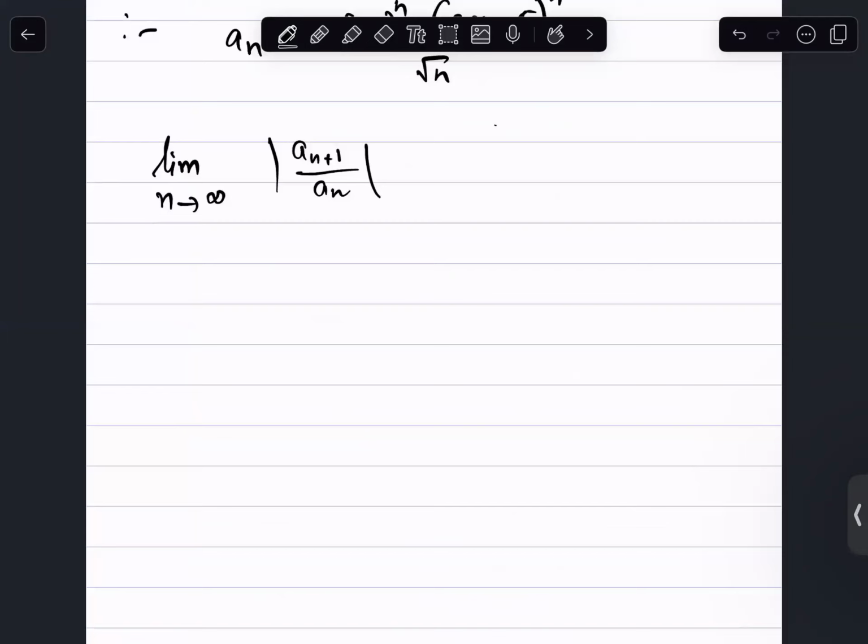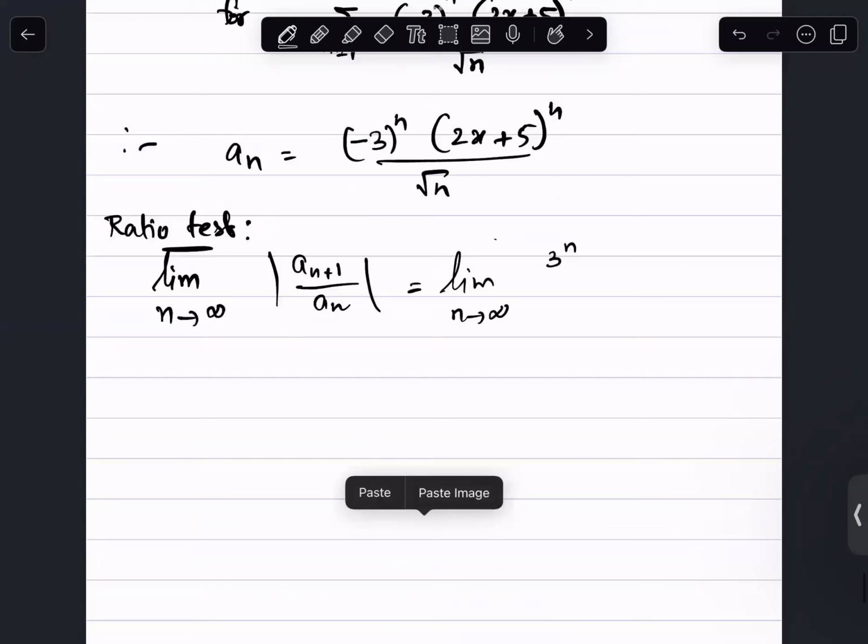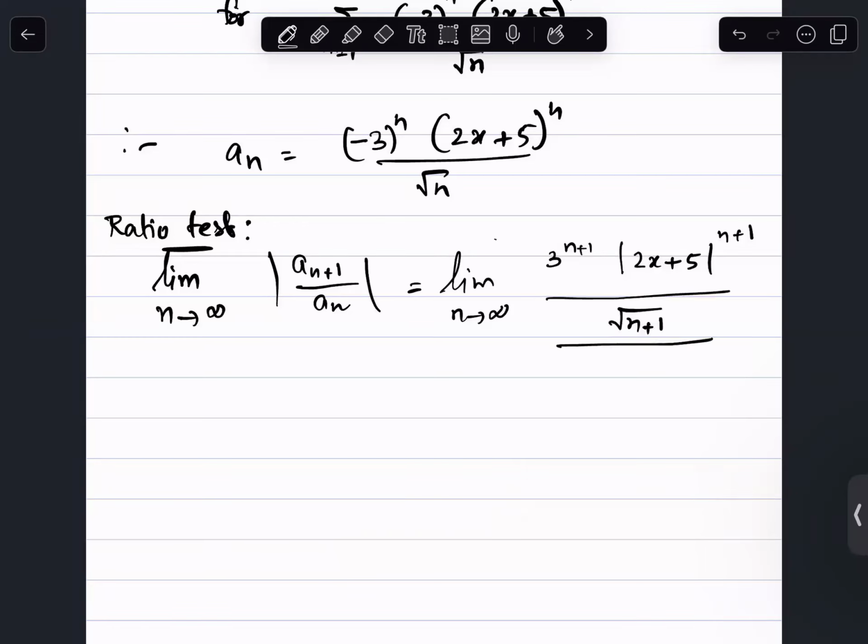Here also do the ratio test. And then you'll get the limit as n tends to infinity of the absolute value of 3^(n+1) (2x plus 5)^(n+1) over square root of n plus 1, divided by 3^n (2x plus 5)^n over square root n.